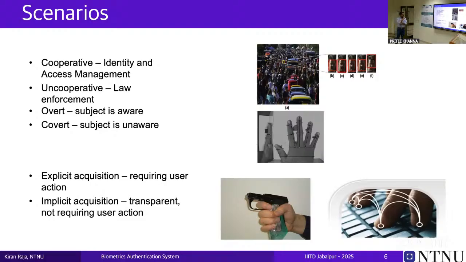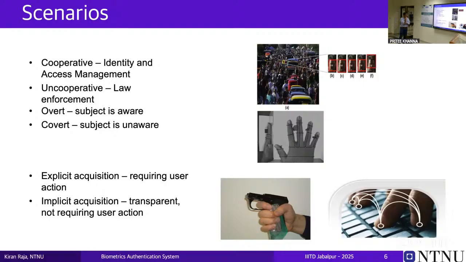And then there are also two other modes that we talk about: one is overt, and the other one is covert. When we say overt, I know that you are going to cross the system, and you are being informed. So you know that, okay, I need to give my face, I need to give my fingerprint, and you are asked for it. Typically, when you do a bank transaction on your mobile.